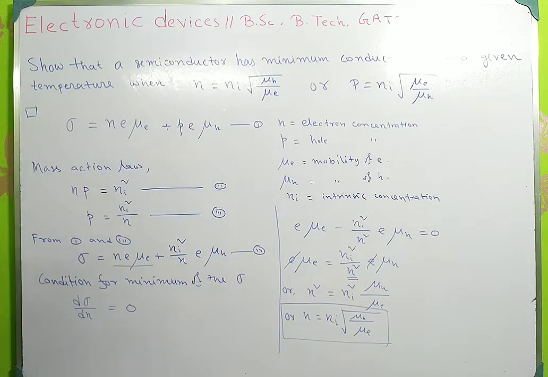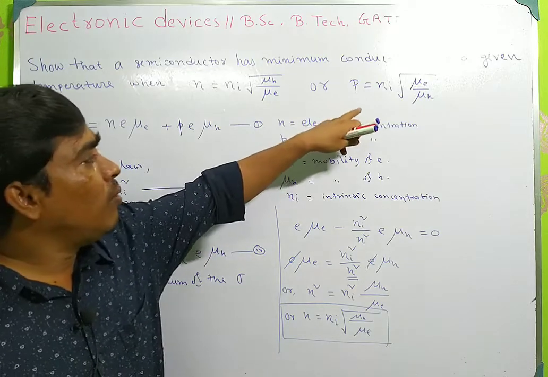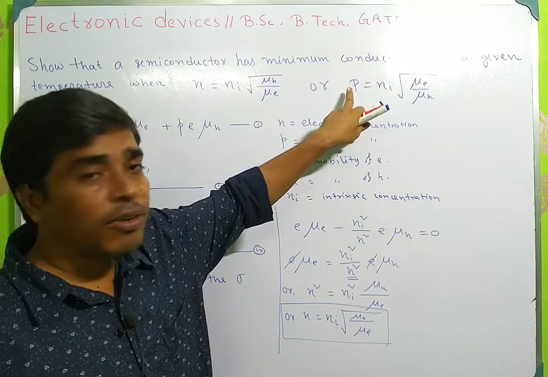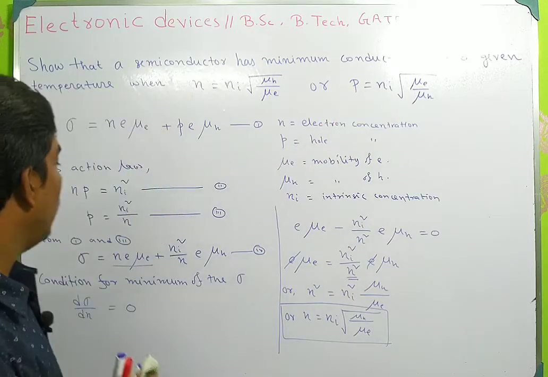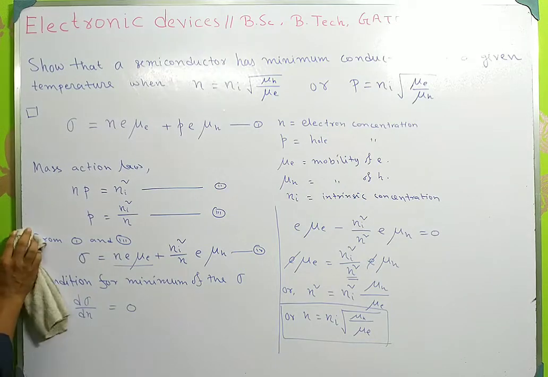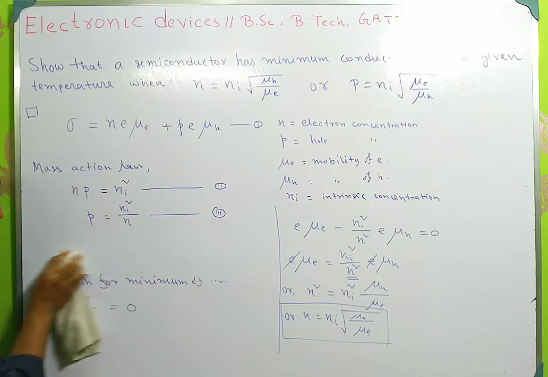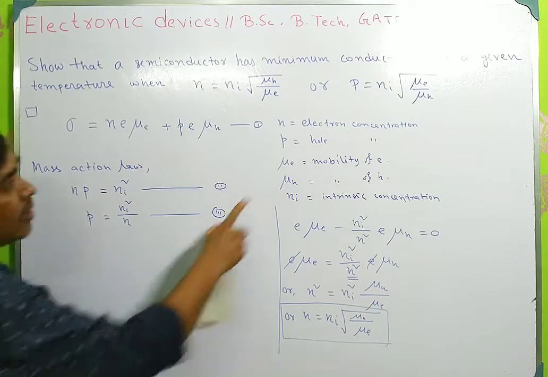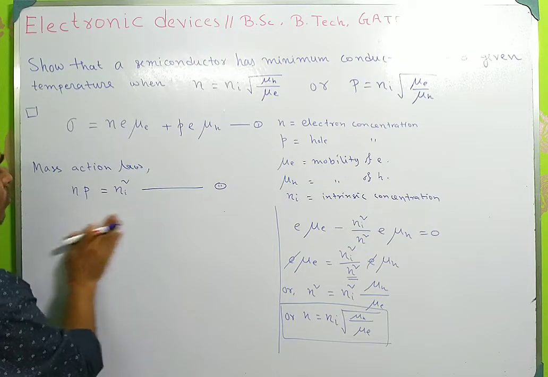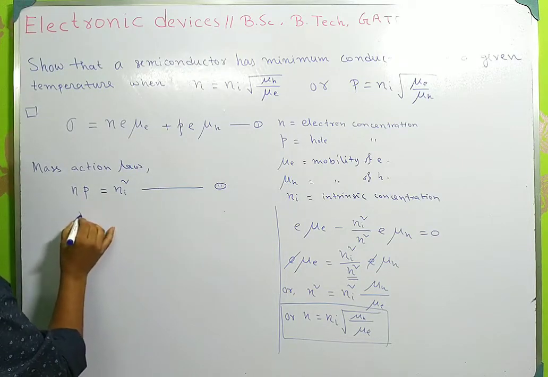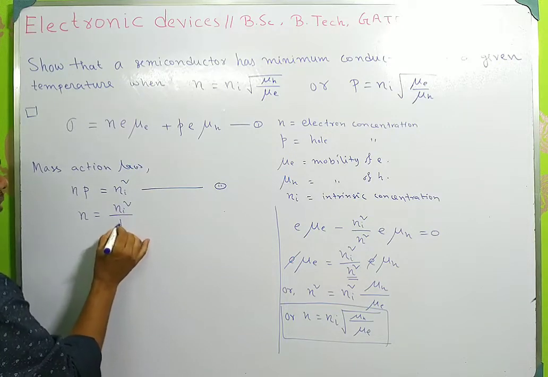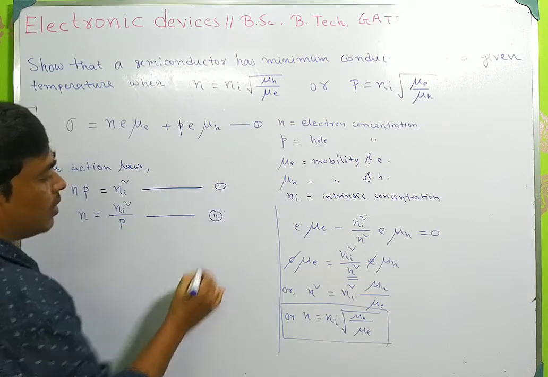Now if you want to calculate this condition in terms of positive concentration, then n must equal ni square by p. This is equation number 3.